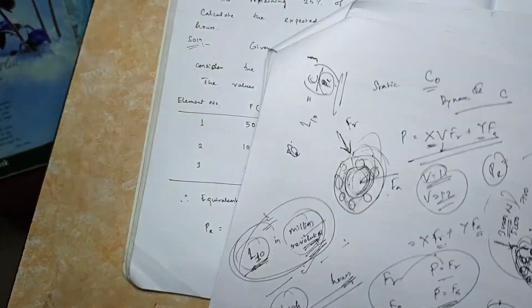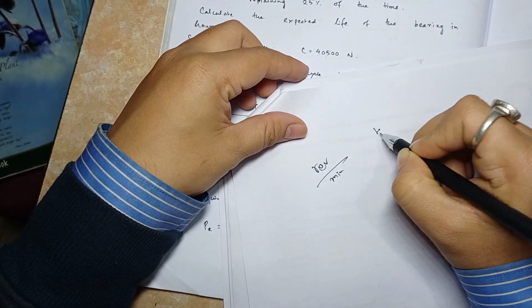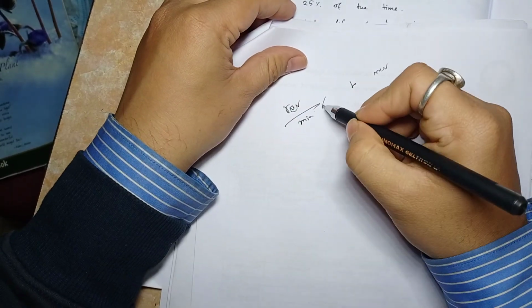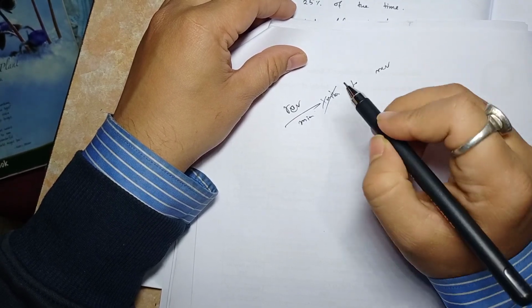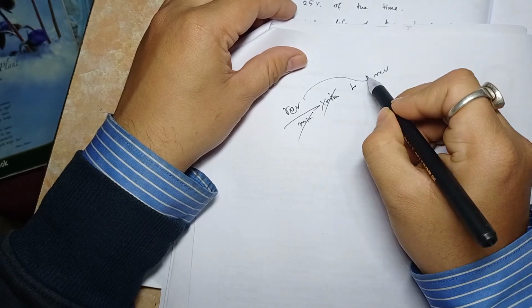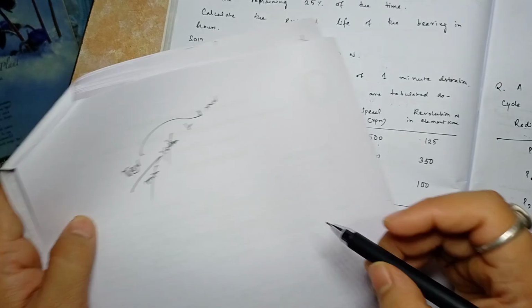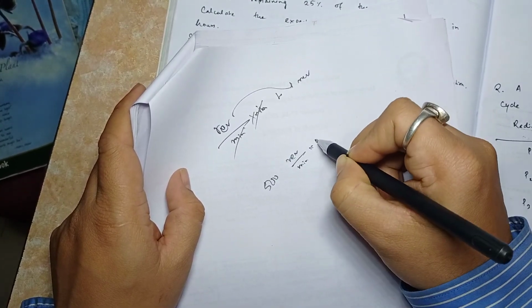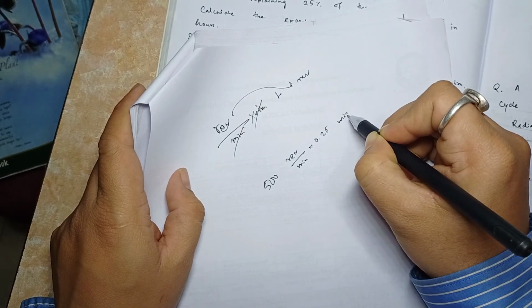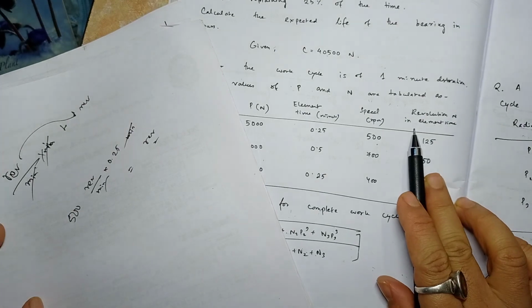This is revolutions per minute, and you have to convert this to revolutions only. So see how to convert revolutions per minute to revolutions. You have to multiply by a value which is in minutes, so the minute cancels out and revolutions remain. So first, this is 500 revolutions per minute, multiplied by 0.25 minute gives revolutions in element time.